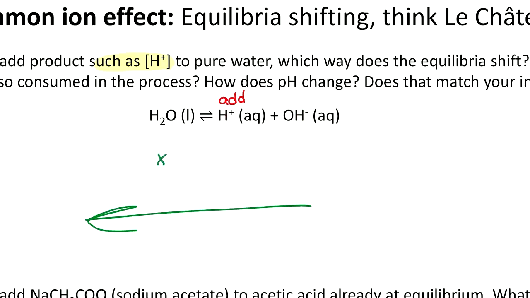Under water, it's going to be plus x, and then it's minus x, minus x. You're going to consume products and produce more reactants when we add H+. So what's changing here, I'm going to ignore H+ because we're adding some and then it's being consumed, so that's a harder change to grasp.